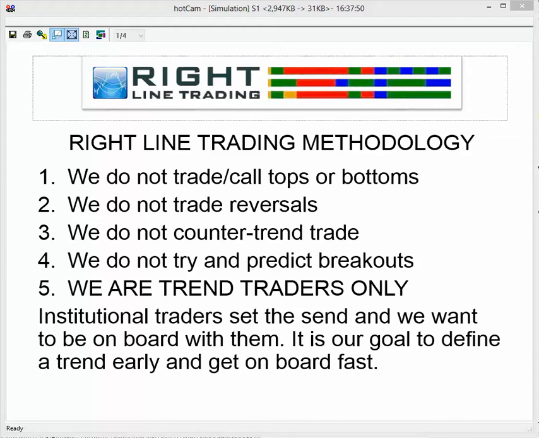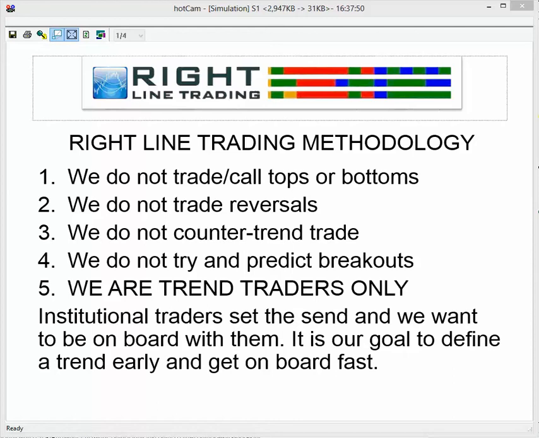It's either one of the two. And neither of those have the capability of calling a top or a bottom with the sensitivity and specificity required in order to make you a successful trader. Oscillator divergence, MACD divergence is constantly getting run over. And you'll see in the charts that I'm going to show you very shortly how people are constantly trying to call tops or call bottoms and constantly getting run over.